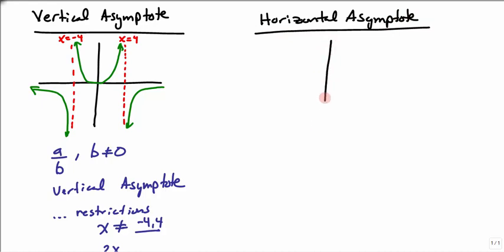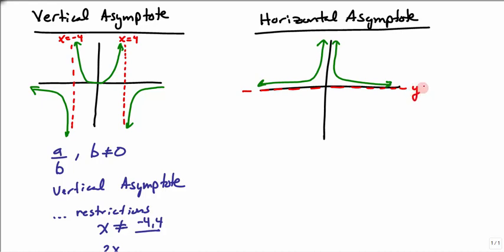So let's look to see what a horizontal asymptote looks like. We'll show you a couple different examples. So I could have a graph where this is getting closer and closer to the x-axis, but it's never crossing. So this is called my horizontal asymptote. So this is at y equals 0 as my horizontal asymptote, and I'll abbreviate that HA.